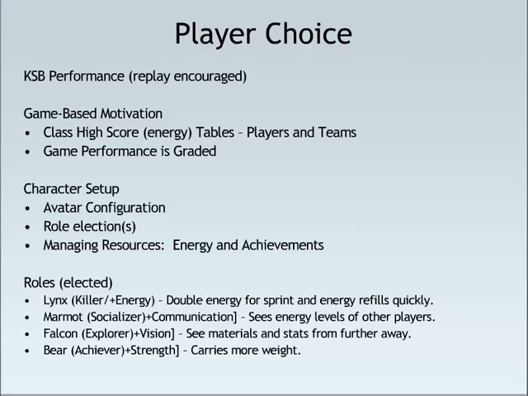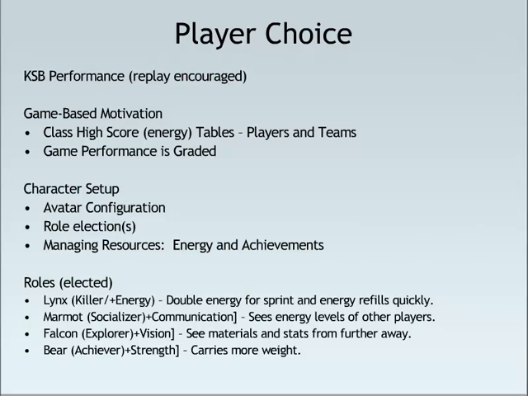It's important as the team is collaborating in the space to distribute the workload so that no unfair burden is placed upon any one player to burn up their energy to go find things or carry things or build things. So the Marmot is the only one that can see everyone's energy levels in their interface.